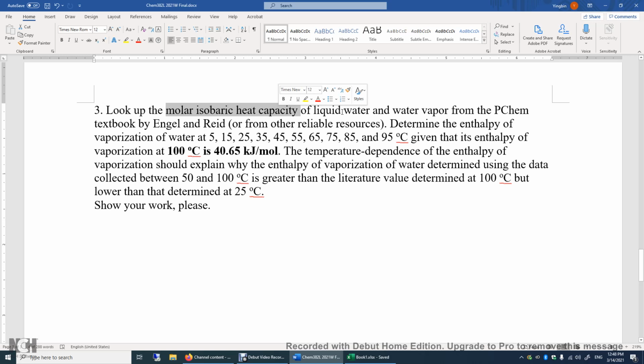And the temperature dependence of the enthalpy of vaporization is the difference in the molar isobaric heat capacity, which is non-zero. However, if you really integrate this molar isobaric heat capacity from, for example, 100 degrees to 50 degrees, you will see that integral is fairly small, much smaller than this 40.65 kilojoule per mole.